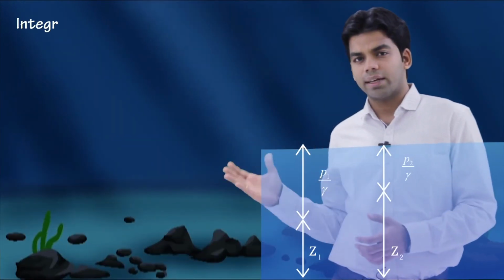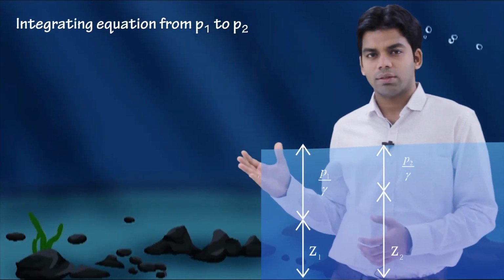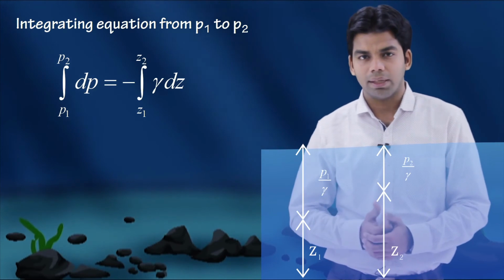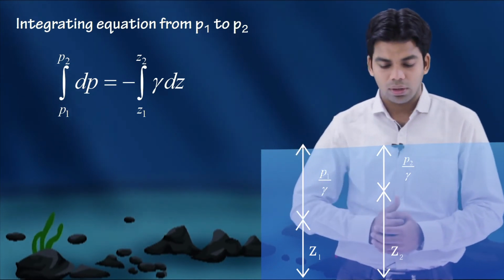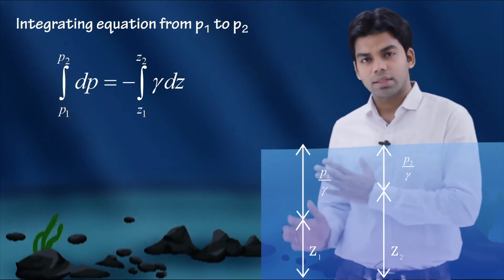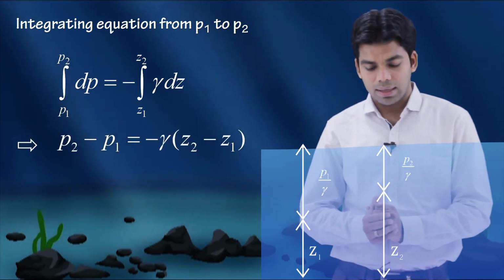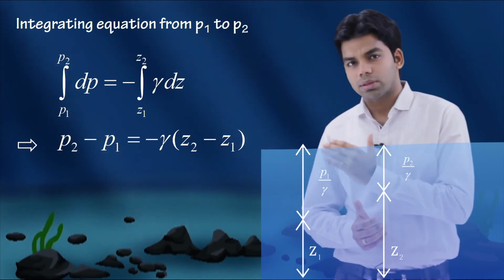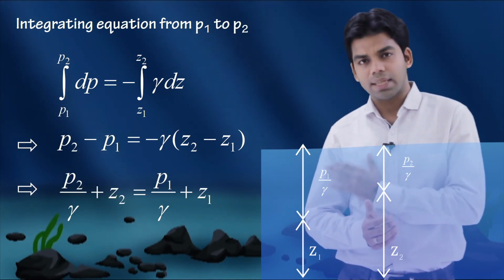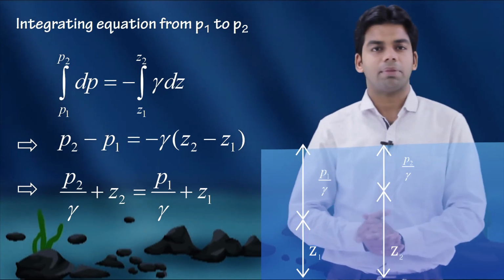If I integrate, integration from P1 to P2 of dP is equal to minus integration from z1 to z2 of gamma dz. Further, P2 minus P1 is equal to minus gamma into (z2 minus z1). Now you can write it as P2 by gamma plus z2 is equal to P1 by gamma plus z1.